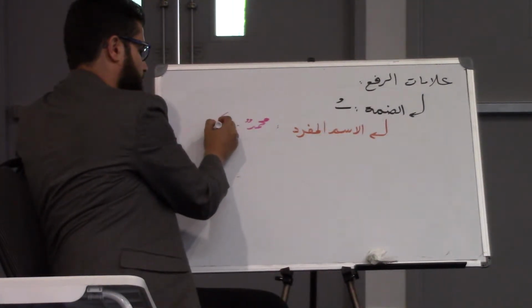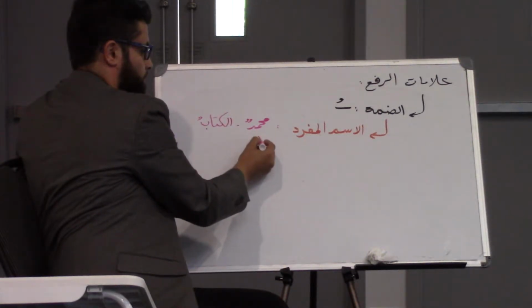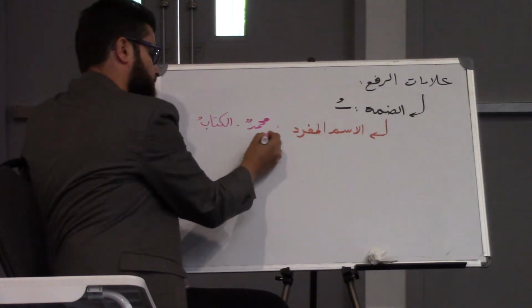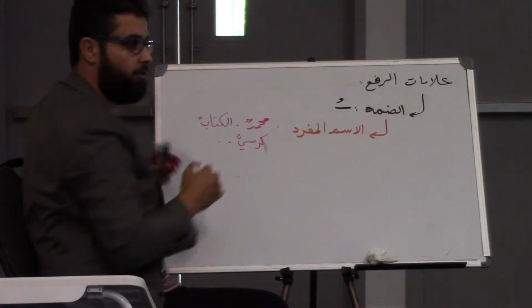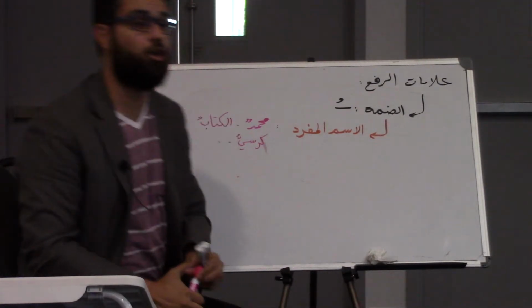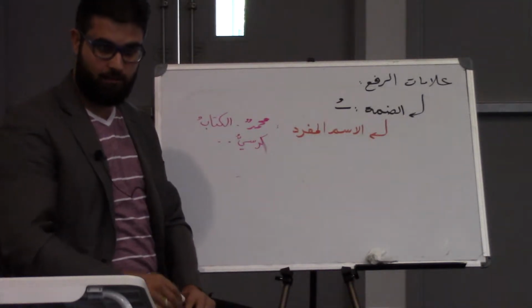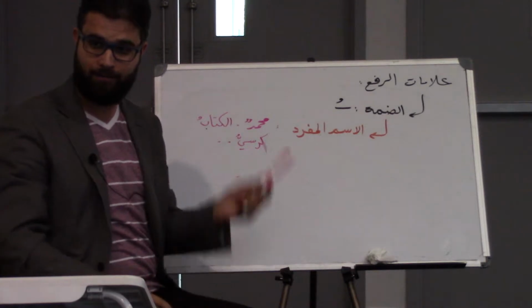Al-kitab, right? Kursi. Etc. Right? So any singular noun, if it is given the status of rafa' in a sentence, then the marker of it is going to be a dhamma.